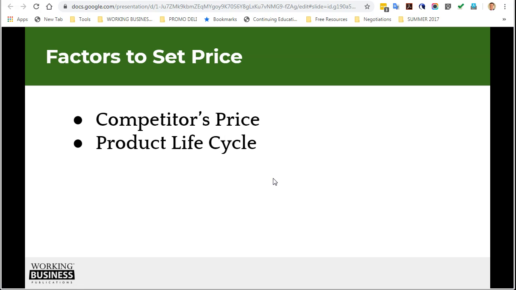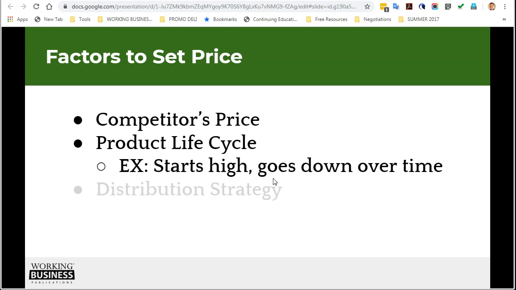You might look at the product life cycle. So for example, technology, when a new model of phone comes out, you can sell it for much more than if that phone is 1 or 2 years old and newer models are now competing. You might have a price for your new technology that might go down in time. You might look at your distribution strategy, how you want to set your price.